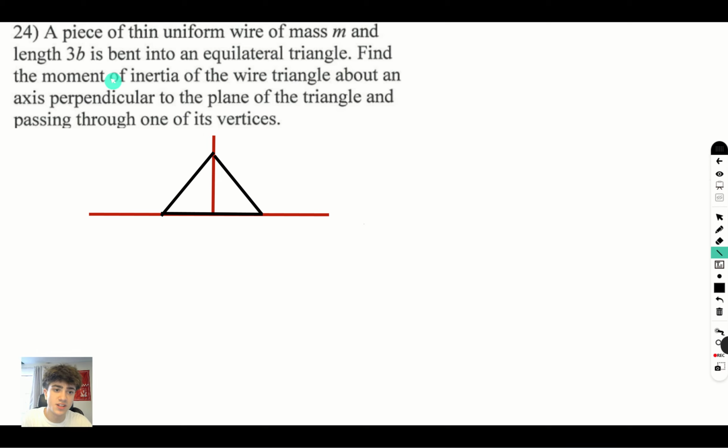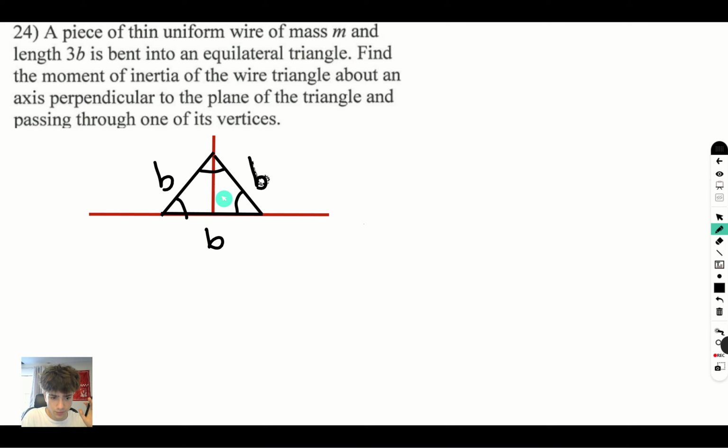Now, since the length of the entire wire is 3b and all of the lengths of the triangle sides are the same, we can infer that each one of these side lengths is going to be b. And we also know from this information that all of the angles are going to be the same as well.